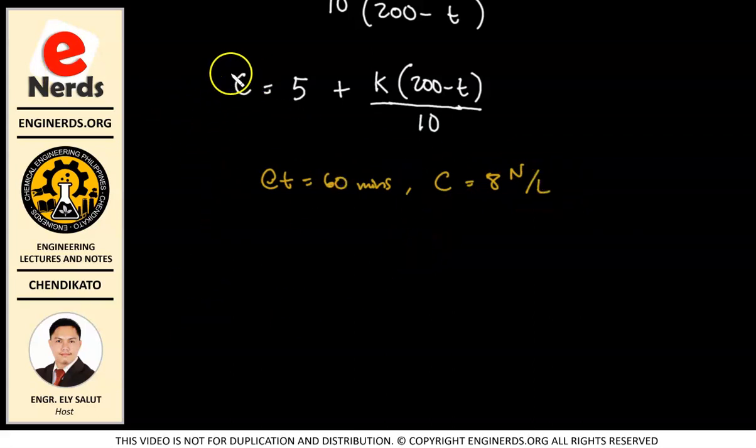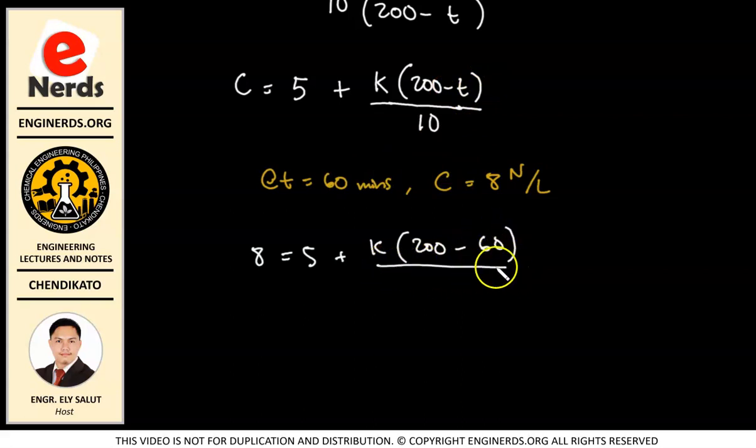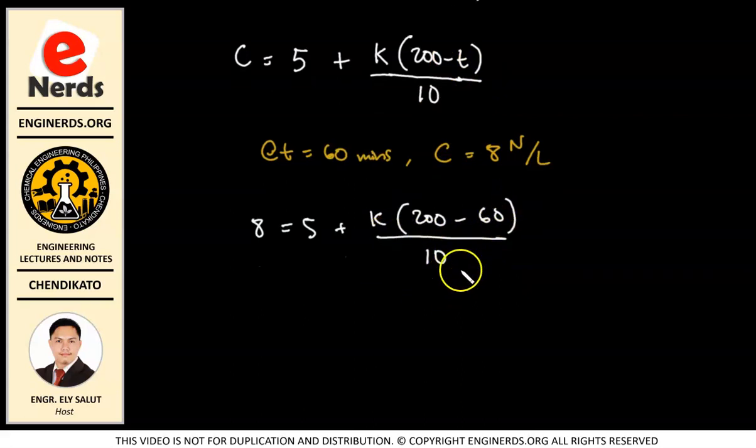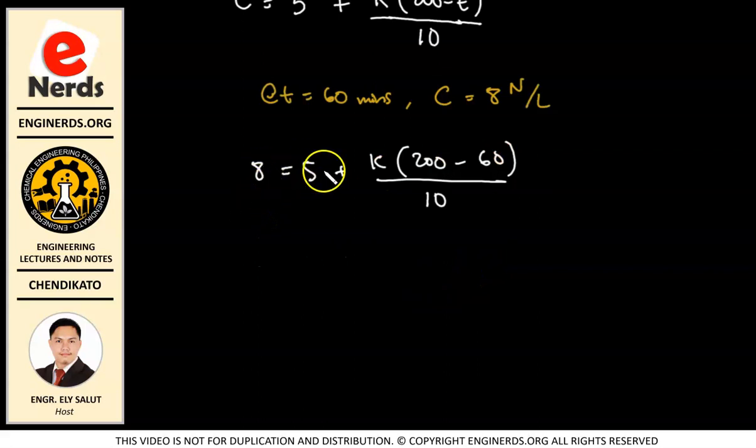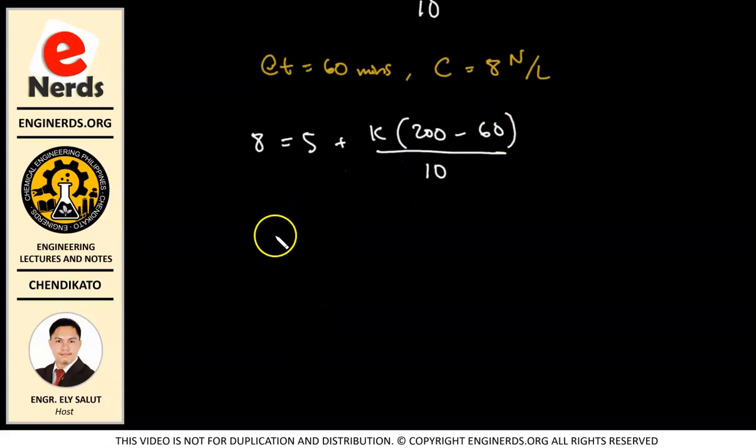Okay, so concentration is equal to 8. Then this is equal to 5 plus K times 200 minus T, our time is equal to 60 minutes, divided by 10. So we're going to solve for K. So 8 minus 5 will be 3 times 10, so we have 30, no? So we have 30 is equal to K times 200 minus 60.